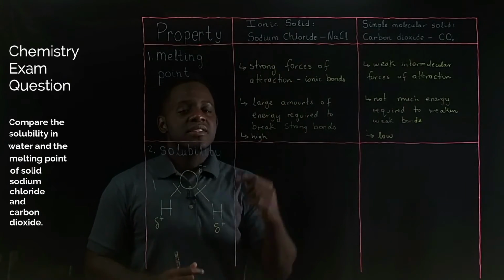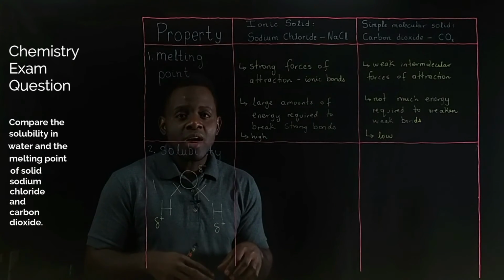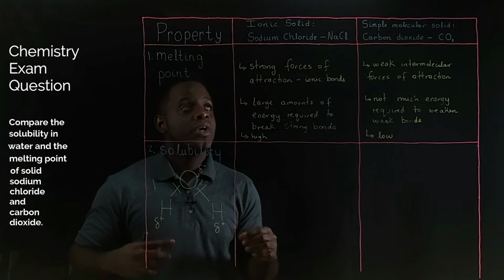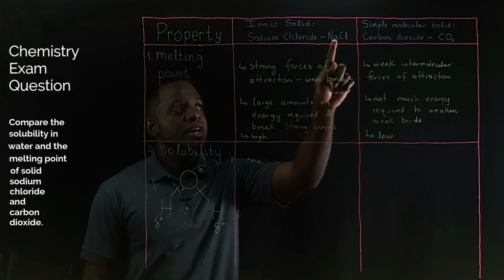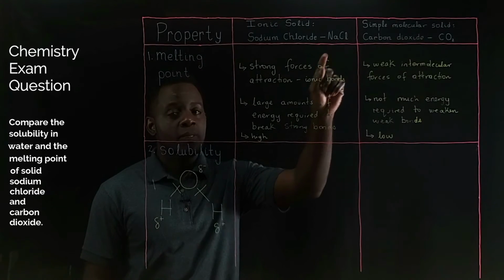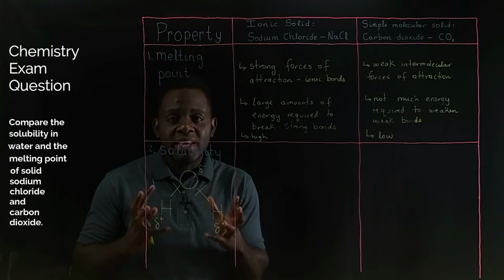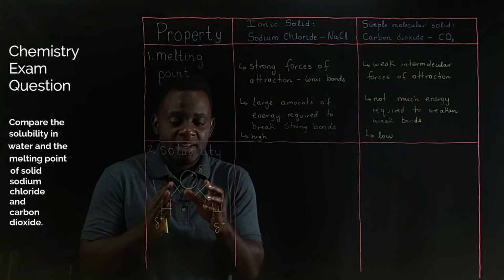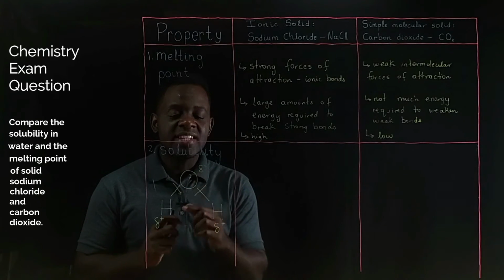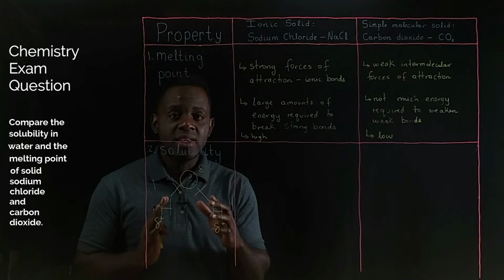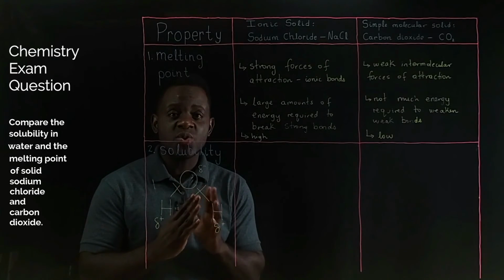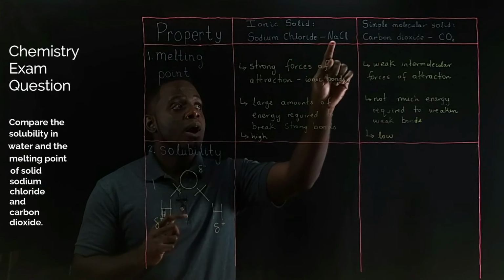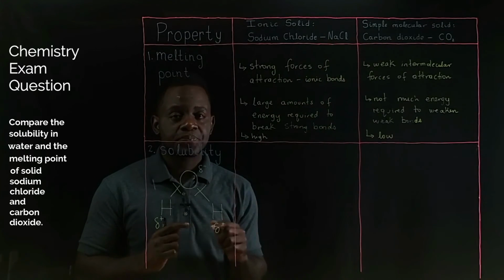When ionic solids dissolve in polar solvents like water, the ions separate. So the positively charged ion, the cation, sodium, will be surrounded by water molecules in such a way that the oxygen, which is slightly negatively charged, will be facing or closely associated by weak bonds to the positively charged cation.